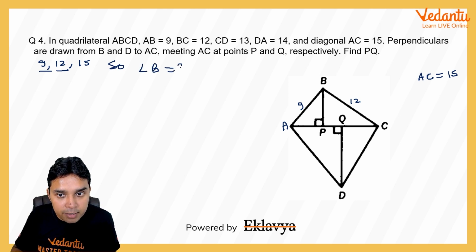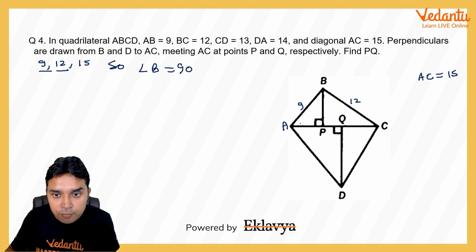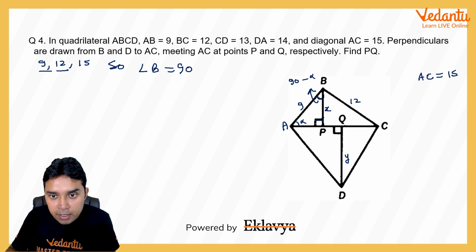So if I take this angle as, let us say, alpha, then this angle at B will become 90 minus alpha, because this angle is 90 here, and angle at B is also 90, so this will also be 90 minus alpha.